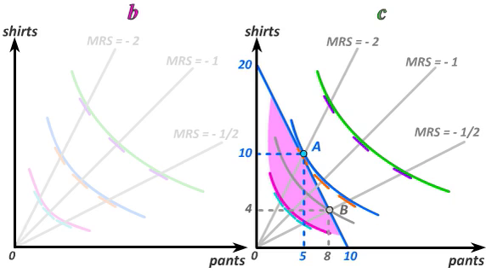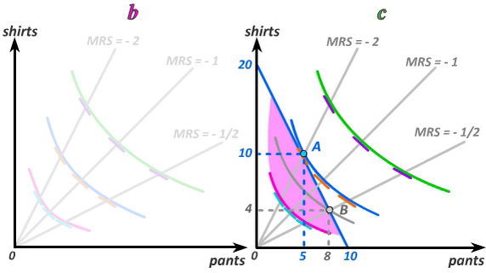The defining characteristic of this optimum that we have just found, this optimal bundle A, is that the indifference curve that passes through that bundle is tangent at that bundle to the budget constraint. Tangent meaning it has the same slope at point A as the budget constraint does. We know from panel A of the graph that the budget constraint has a slope of -2, the opportunity cost of pants in terms of shirts.